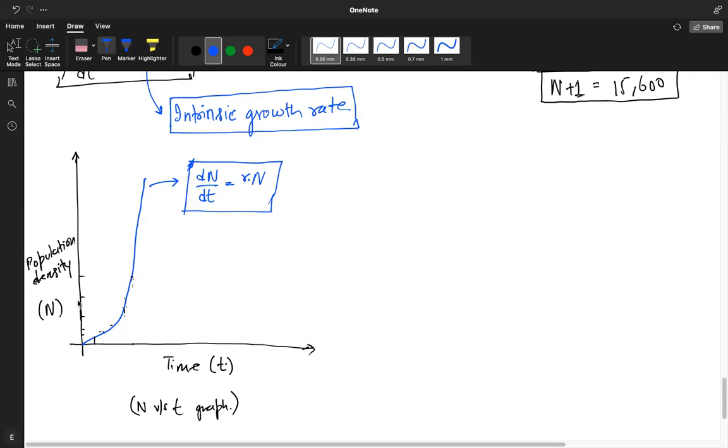So this kind of J-shaped curve is for exponential growth.